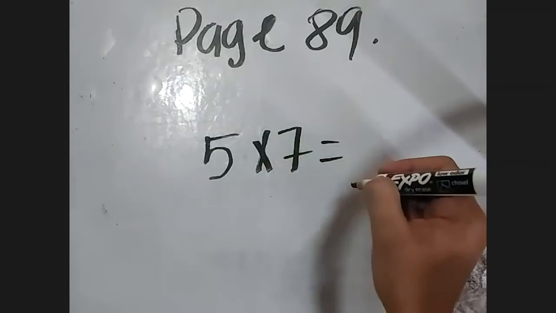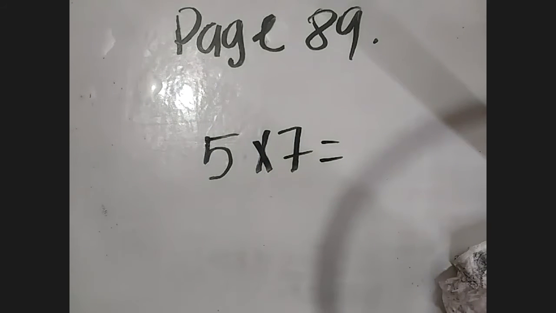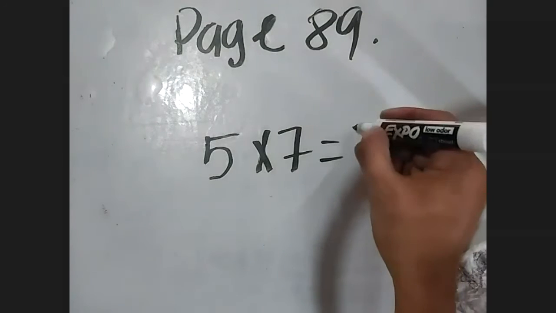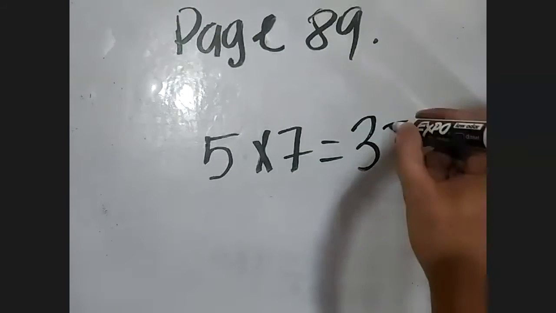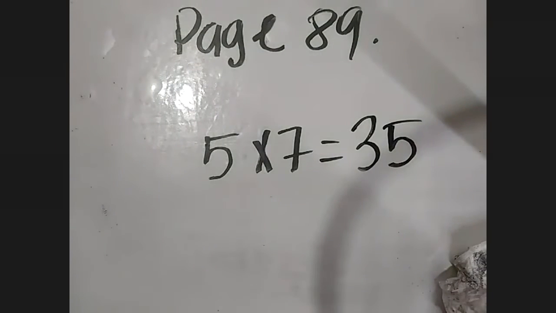We need to multiply them, right? 5 times 7, how much is that in total? 35, right? In total, there are 35 chairs.